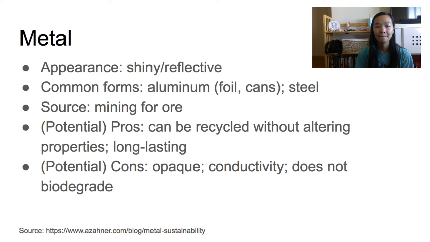A metal might have a characteristic that could be a positive aspect, depending on what you're trying to use it for, and another characteristic could be a negative, depending again on what you're using it for. So when we talk about pros and cons, we'll talk about usefulness in different regards, but also from a sustainability standpoint, and whether it's easy to recycle or decompose.